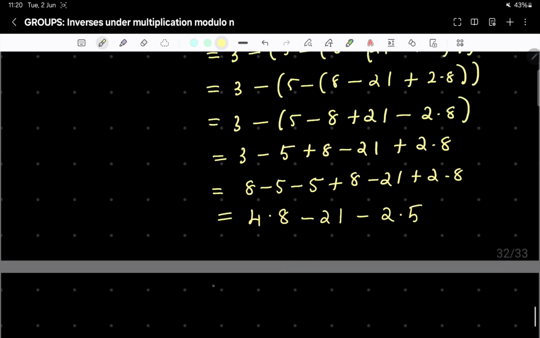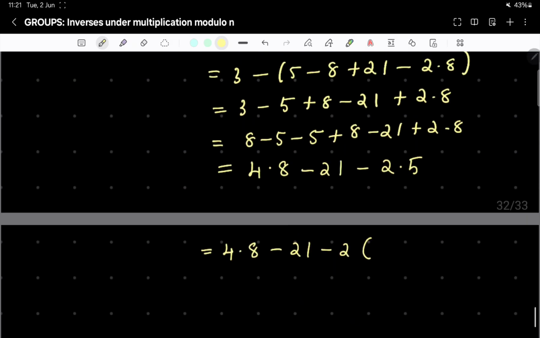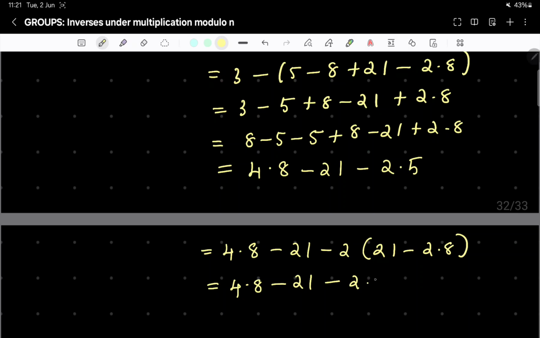Minus 10. Again what you have to do is convert it into 21 and 8. So 5 you can replace by 21 minus 2 into 8. So when you expand, 4 into 8 minus 21 minus 2 into 21 plus 4 into 8.